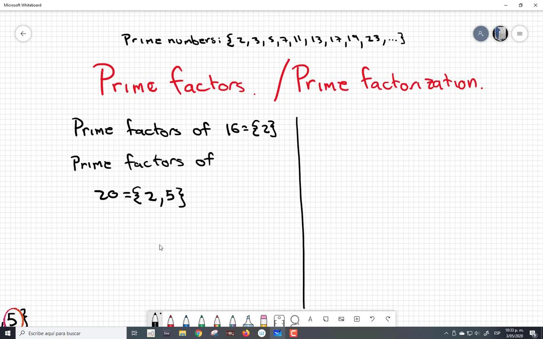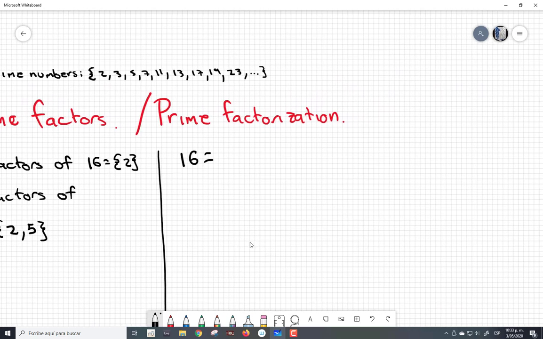So we can say that the number 16 can be written as a multiplication of only prime numbers, but we cannot say that 16 is 2. No, we should say that 16 is 2 times 2 times 2 times 2. That is 16, and this is a unique multiplication of prime numbers that results in the number 16.